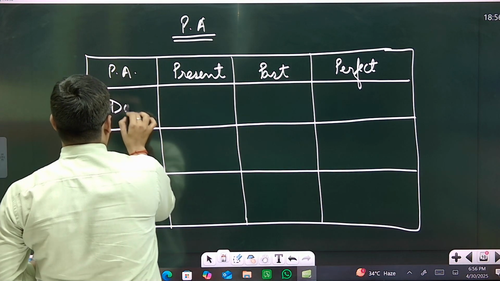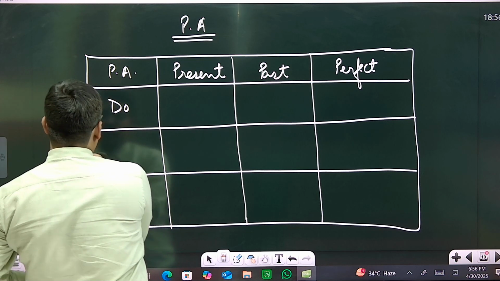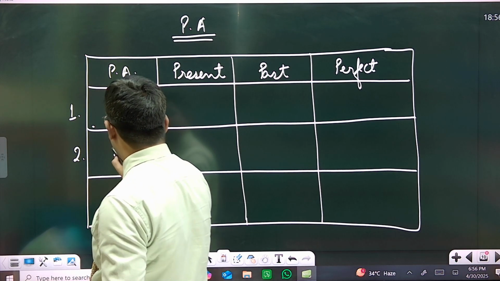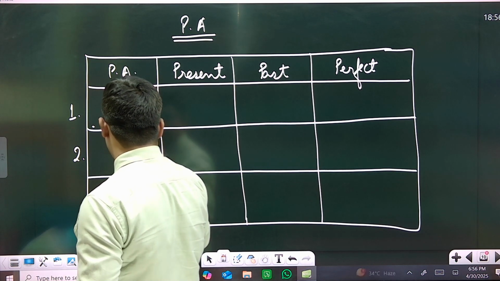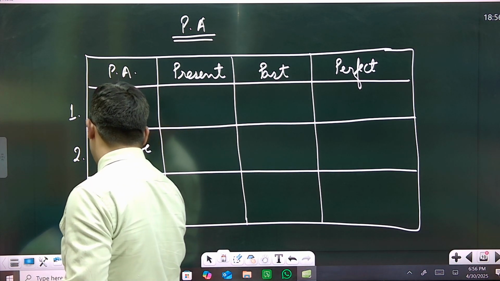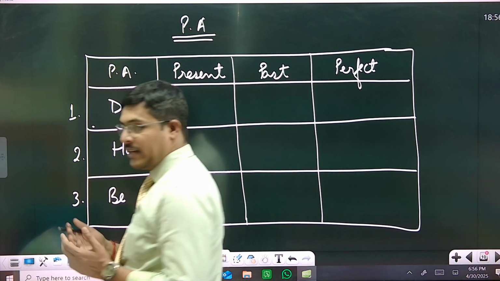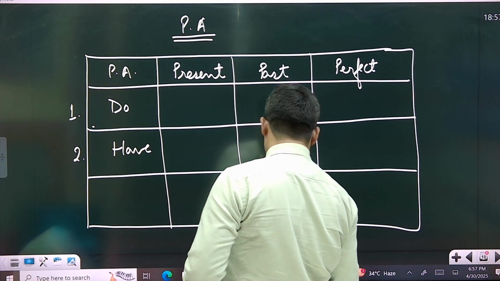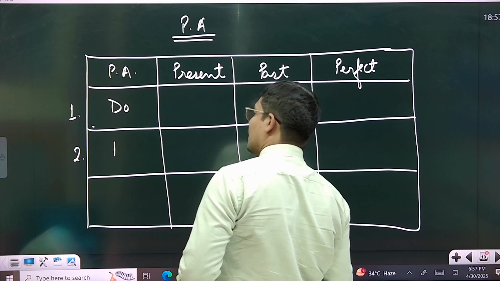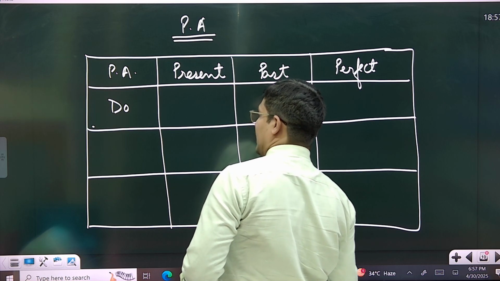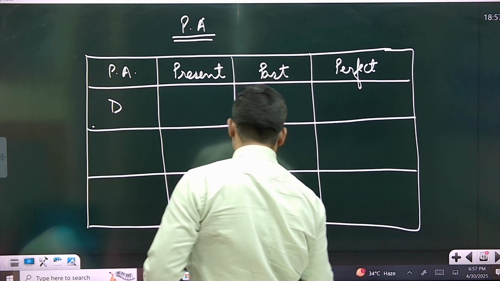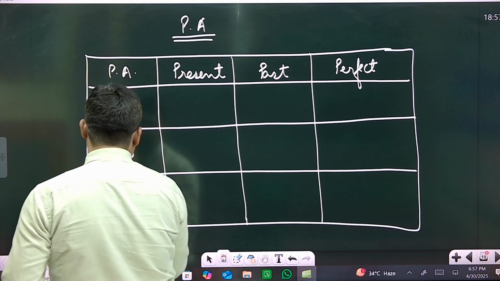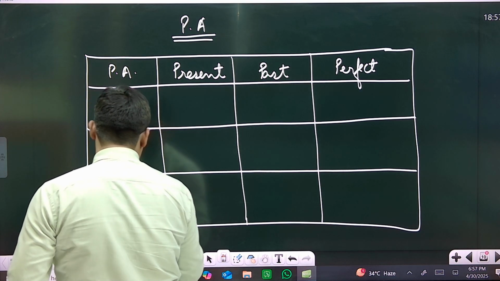First primary auxiliary is do. Second primary auxiliary is have. And third primary auxiliary is be. You can change the order also. If you want to make it more systematic, you can write it as be, do, and have.